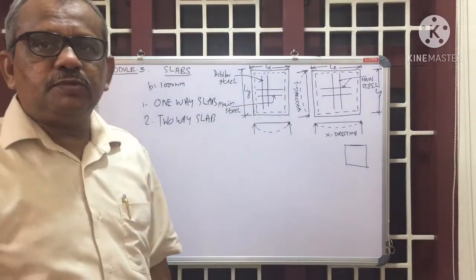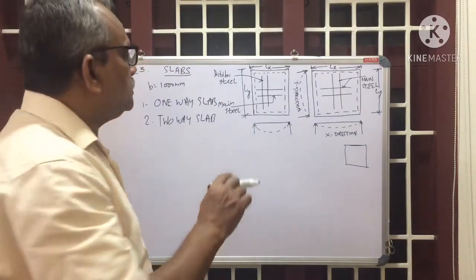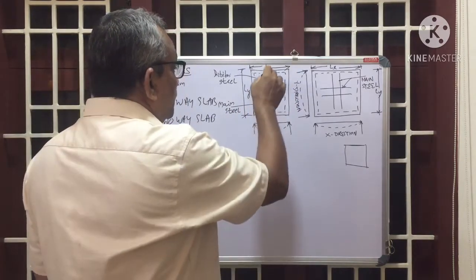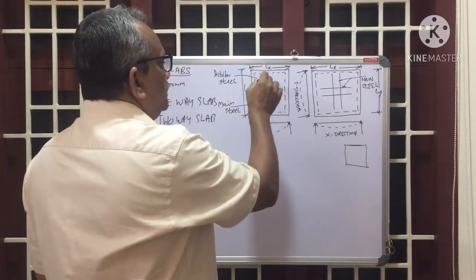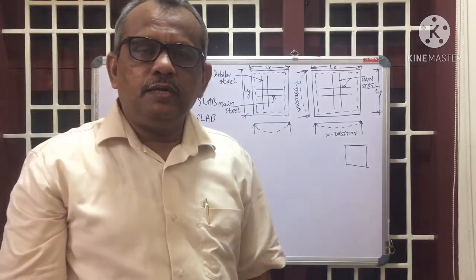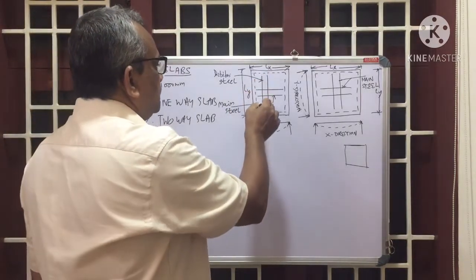The main reinforcements will be provided along the span. The span means the shorter measurement, that is Lx, and in the other direction, these are the distribution steel or secondary steel provided in the perpendicular or transverse direction.